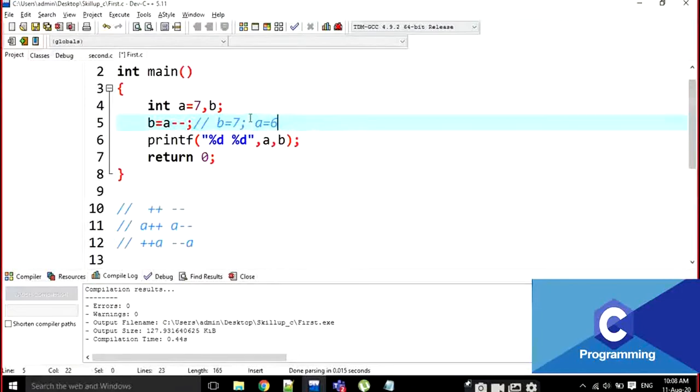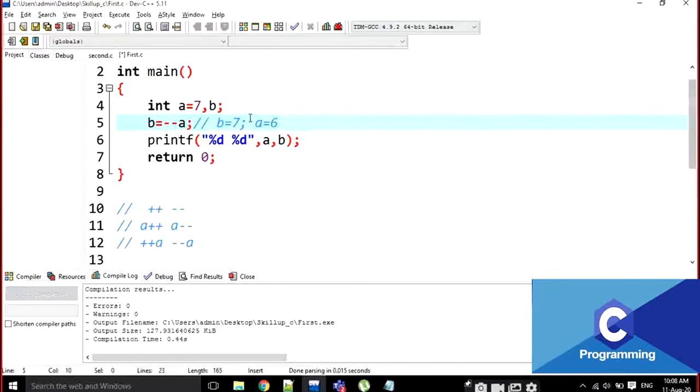I think it is clear, everyone. Pre-decrement you want. What happens now? It is going to be decremented first of all. A is equal to A minus 1. What is the A value? The A value is 7. 7 minus 1 is going to be 6.